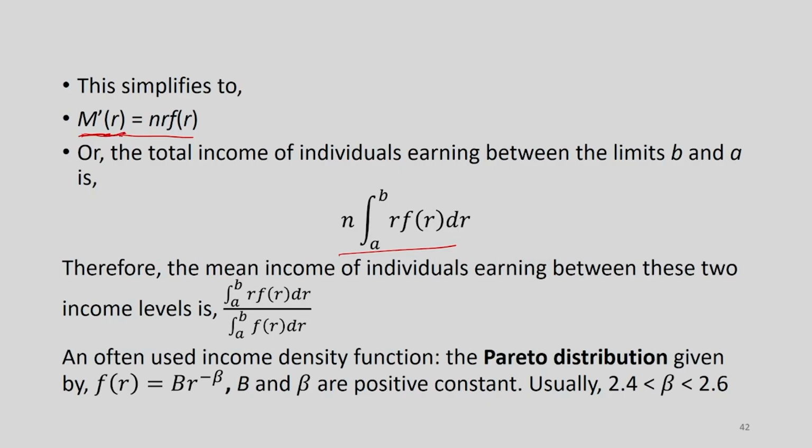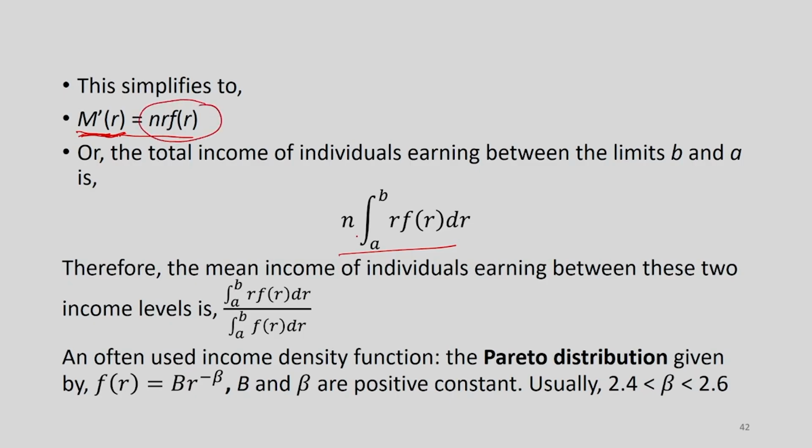So, remember, if I take the definite integral of the differentiated function, which is m dash r here, then I get the total income of the individuals between that interval. So, that is what I have done here. I have taken the integral from a to b of this function.